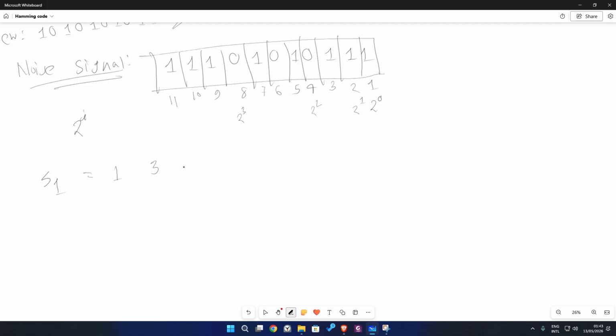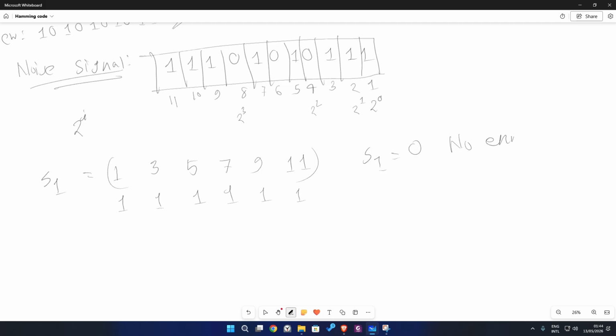In the first position we are getting 1, in the third position 1, in the fifth position 1 again, in the seventh 1, in the ninth 1, and in the eleventh 1. So we can see 6 ones here, an even number of ones, so S1 will be simply 0, no error.